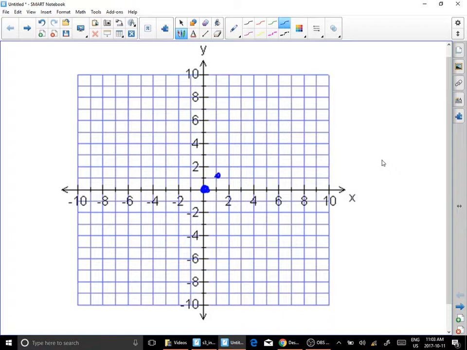So there's going to be a point at 1, 1. What's -1 squared? 1. So there's a point right here. What's 2 squared? What's -2 squared? Also 4. What's 3 squared? And -3 squared will give us the same thing.